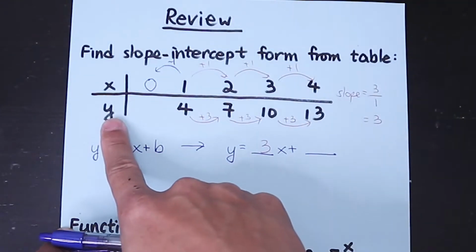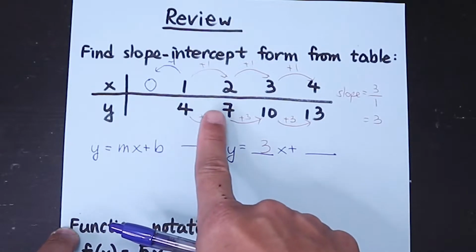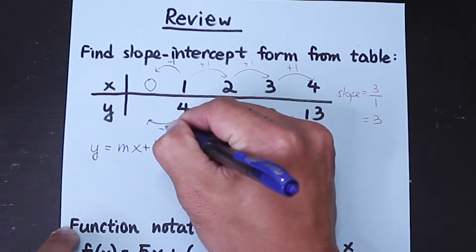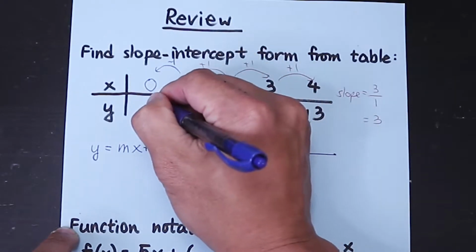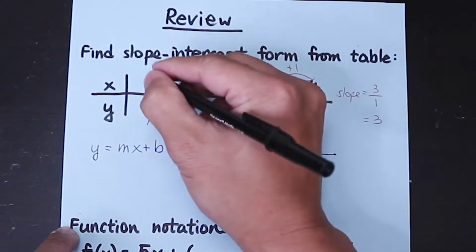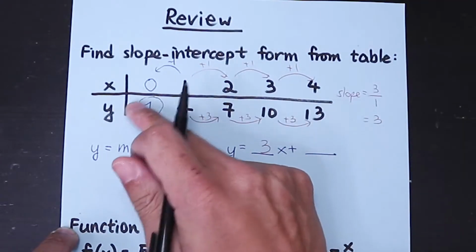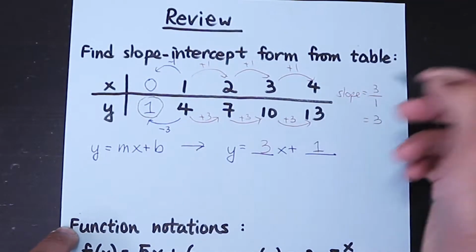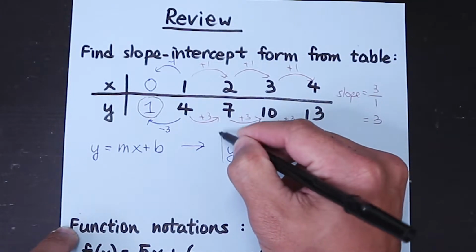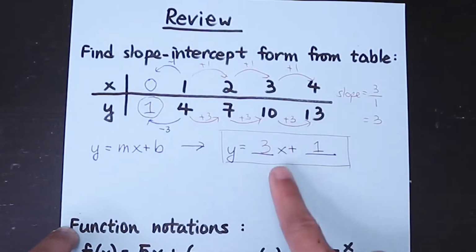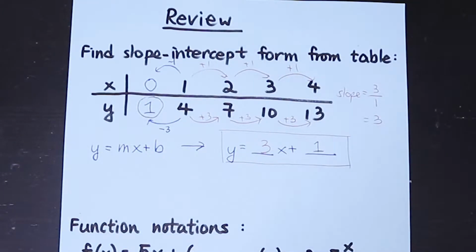Likewise for the y value, since you add 3 going from left to right, then from right to left, you subtract 3. So 4 minus 3 is 1. That means this number right here is your y-intercept. So it's going to be positive once you put plus 1. That means your final equation of this table in slope-intercept form, if it's a straight line like linear, is going to be 3x plus 1.